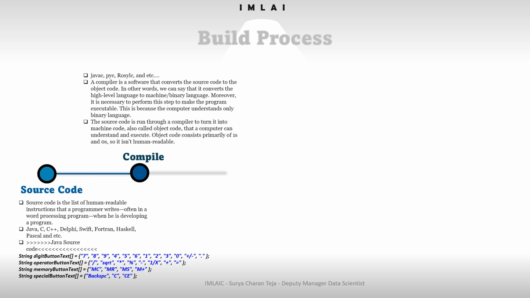Let's look into compilation in more detail as we move ahead in this module. Some examples of compiler extensions: javac is the compiler for Java, .pyc is the compiled file extension for Python, and Roslyn csc and many more you can find. At least .pyc is one you might have seen in your life.